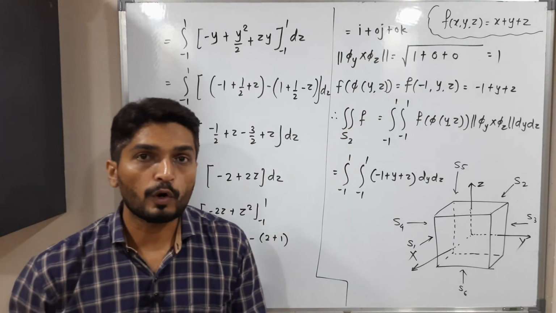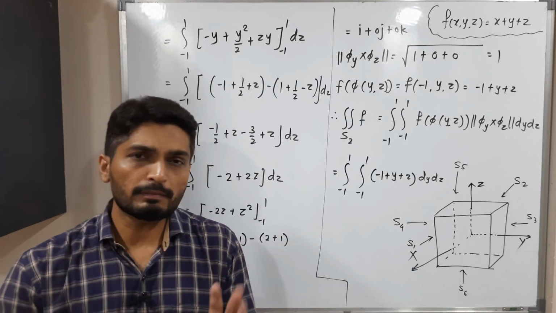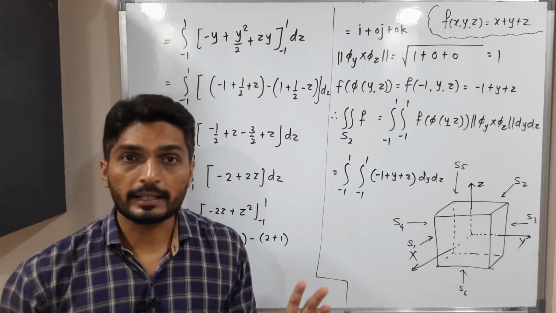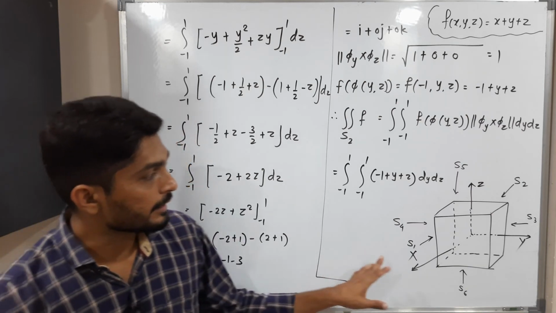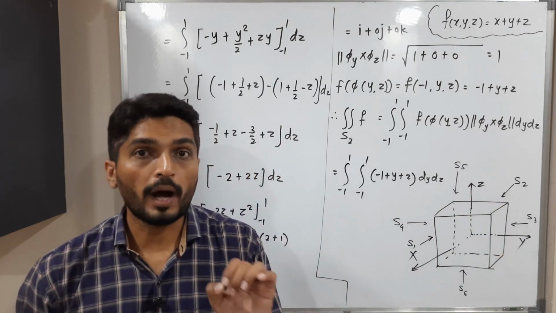Similarly, we can go for S3, S4, S5 and S6. You can solve on your own. I am going to write directly the values. For S3, what is the equation of S3? This is our S3. Its equation is y is equal to 1.